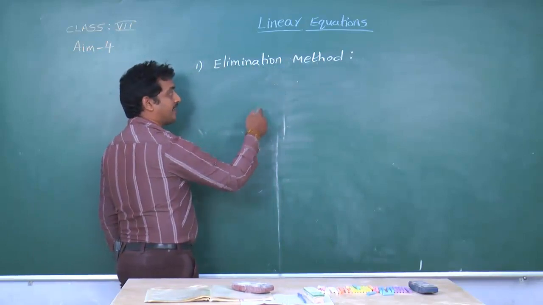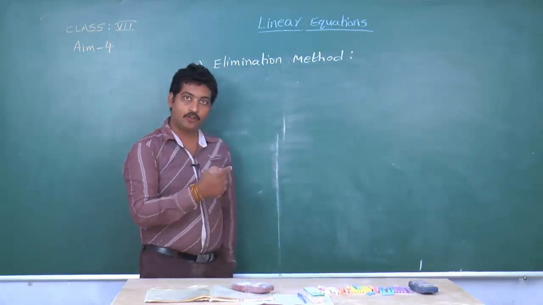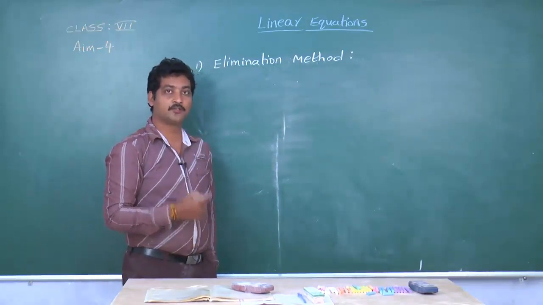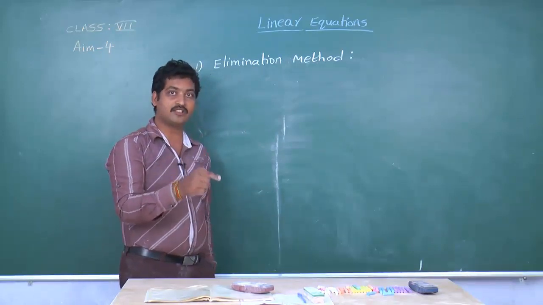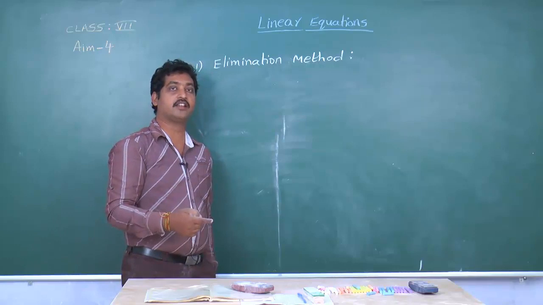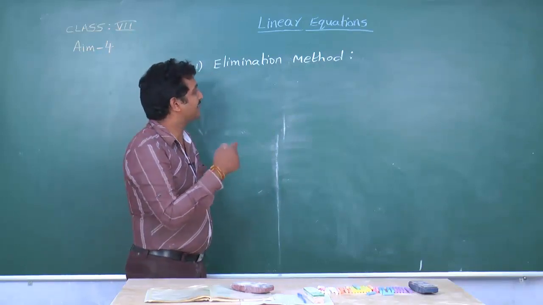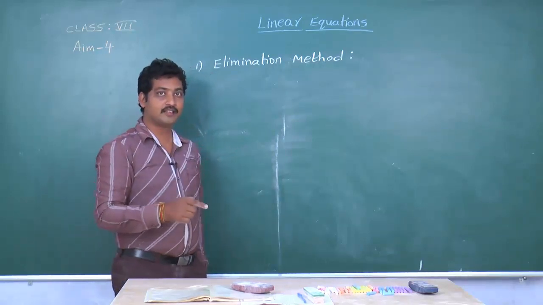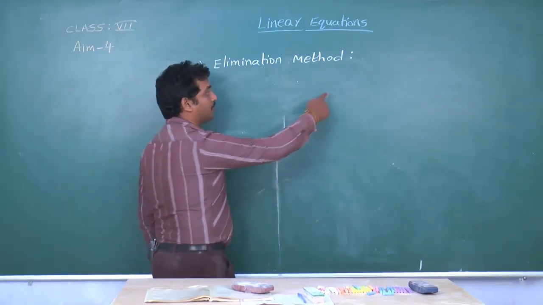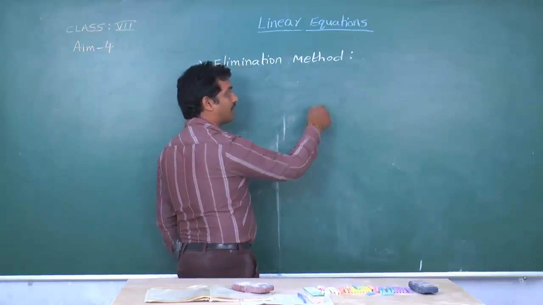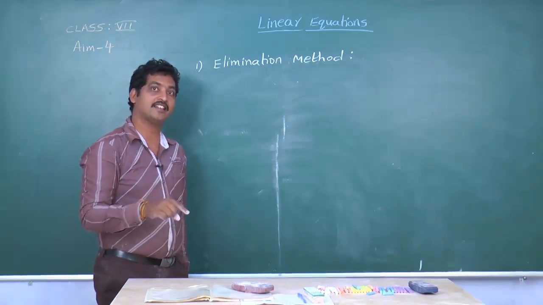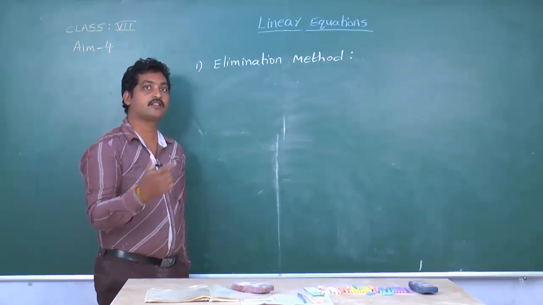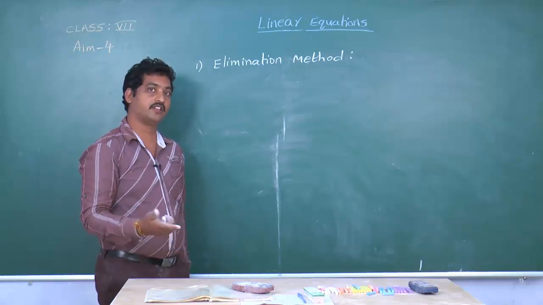The coefficients of any one of the variables in the two equations should be made equal. Then convert those two into a simple equation. Solve that simple equation, and we will get the answer.